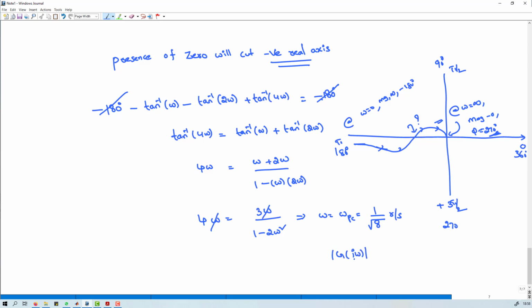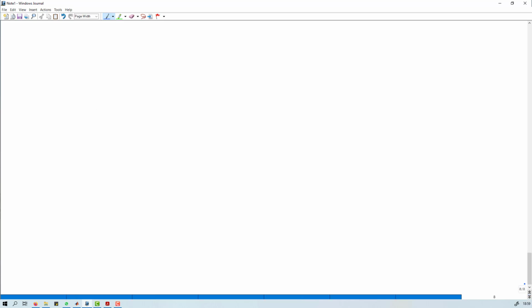So the magnitude |G(jω)| at omega equal to 1 by root 8 is square root of 1 plus (4 by root 8) whole square, into square root of 1 plus (2 by root 8) whole square, into 1 plus (2 by root 8) whole square. So from here you can find the magnitude at omega equal to 1 by square root of 8. You will get approximately 10.6, that you can calculate.